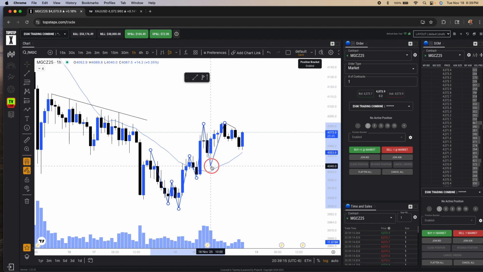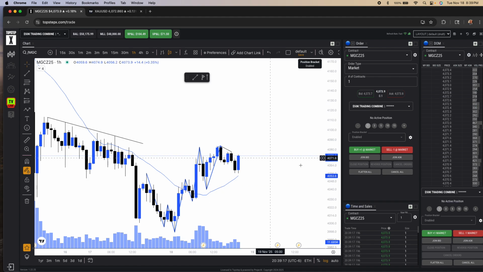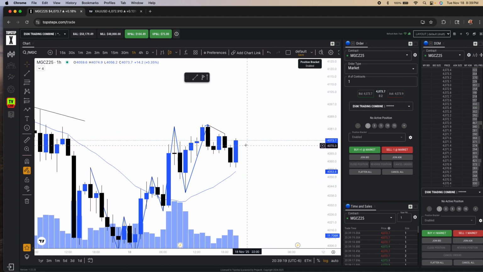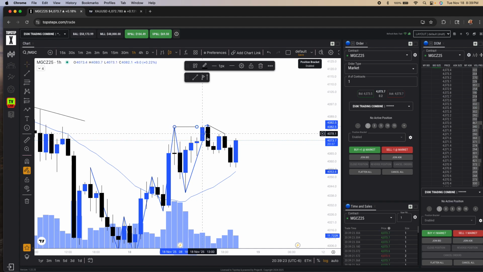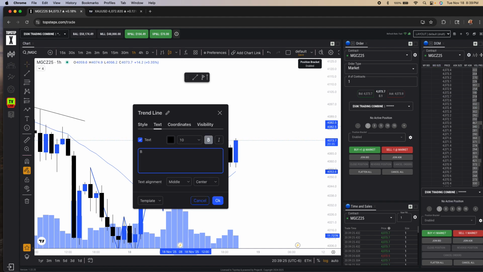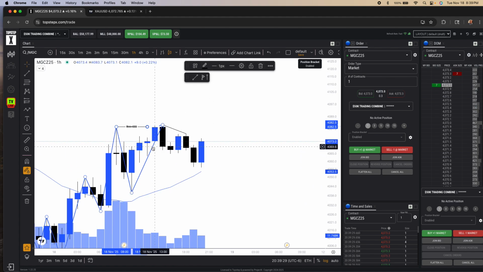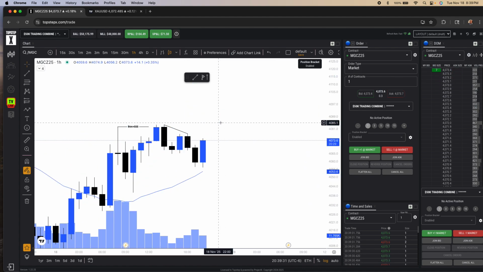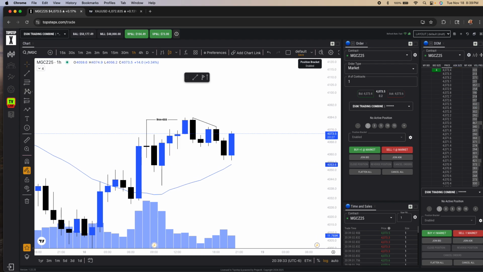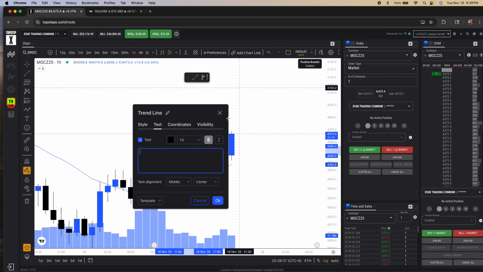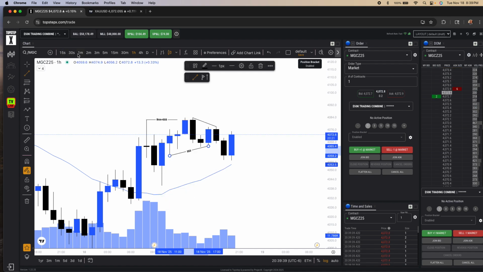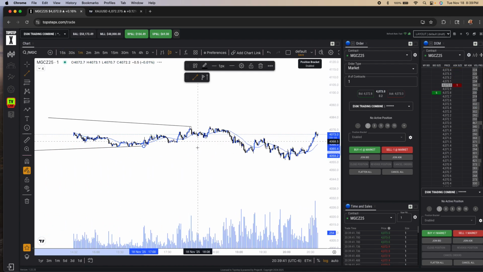So this is my bullish range from this low to this high, and this was kind of a sweep and a break of structure. So I label it as both, and then we have the lower part of this range with all the liquidity resting inside of here that we can use to then pump back to the upside.